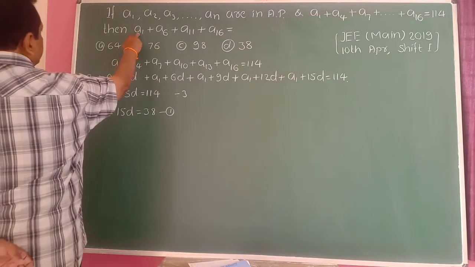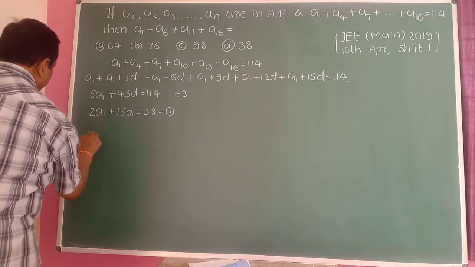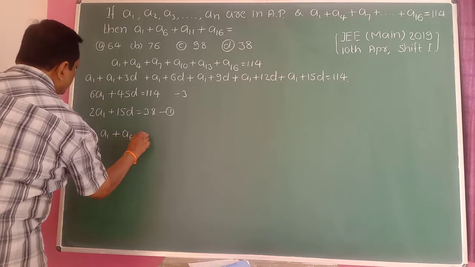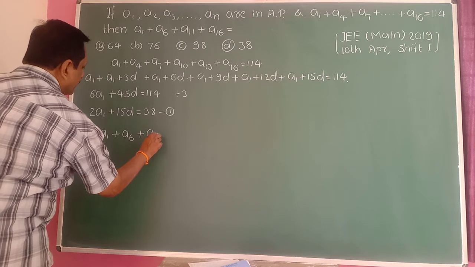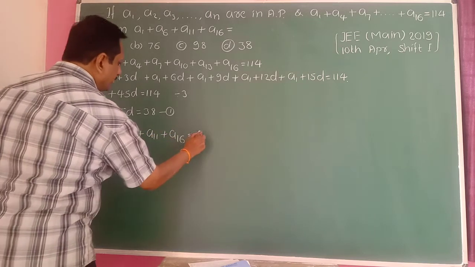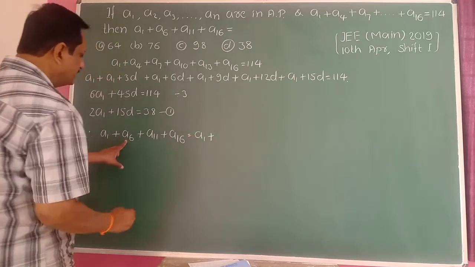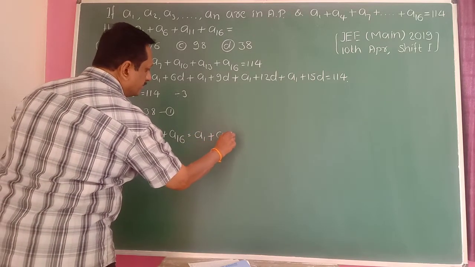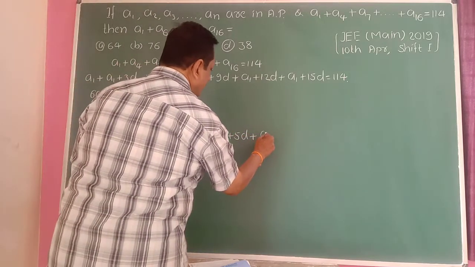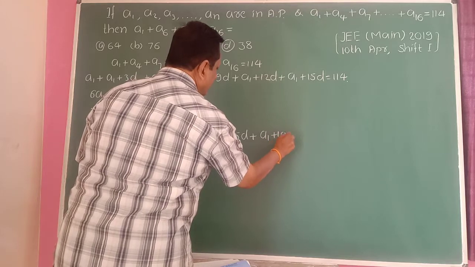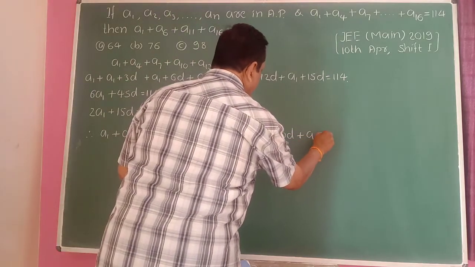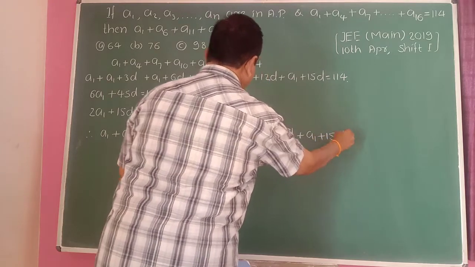And they have given this result here. You have to find this value. Therefore, A1 plus A6 plus A11 plus A16 is equal to A1 as it is, plus A6 is A1 plus 5D, then plus A11 is A1 plus 10D, plus A16 is A1 plus 15D.